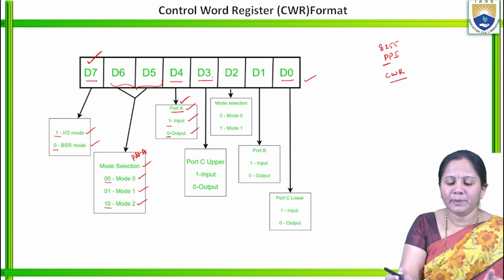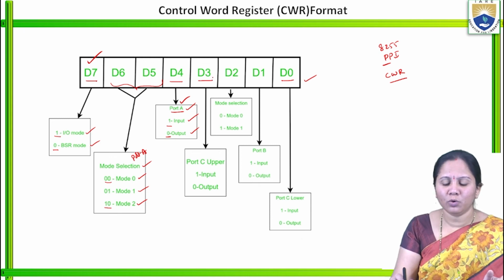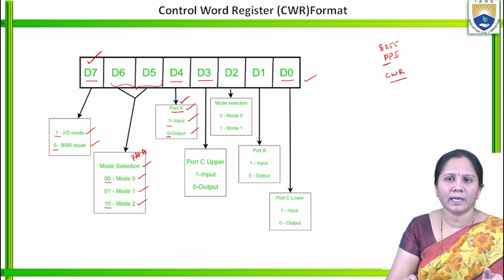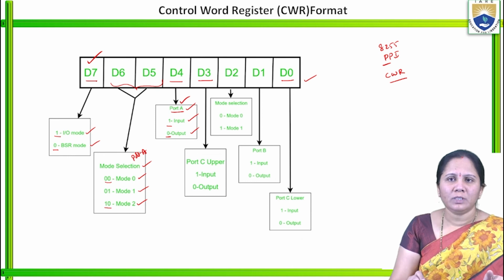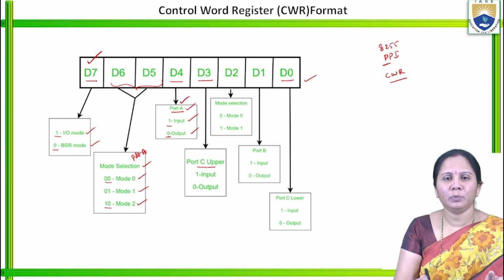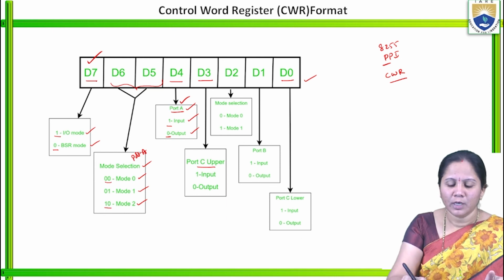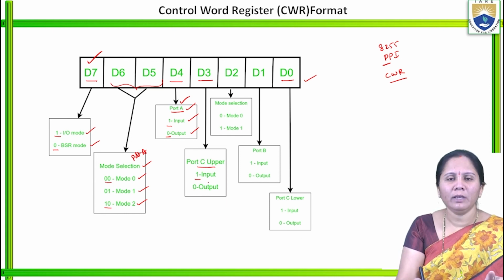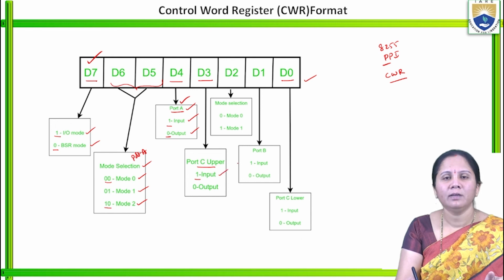And the next bit is D3. This D3 bit will decide whether port C upper has to be used as input port or output port. If this D3 bit is 1, port C upper will be used as an input port.